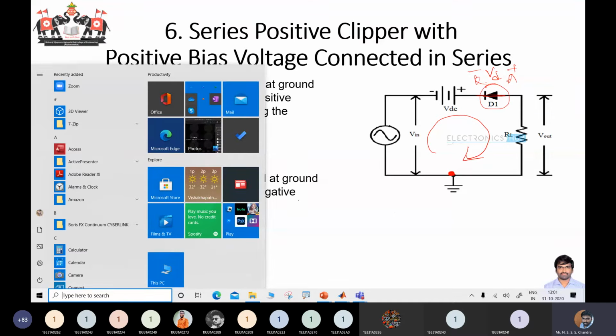Please unmute and answer. 52 is not present.